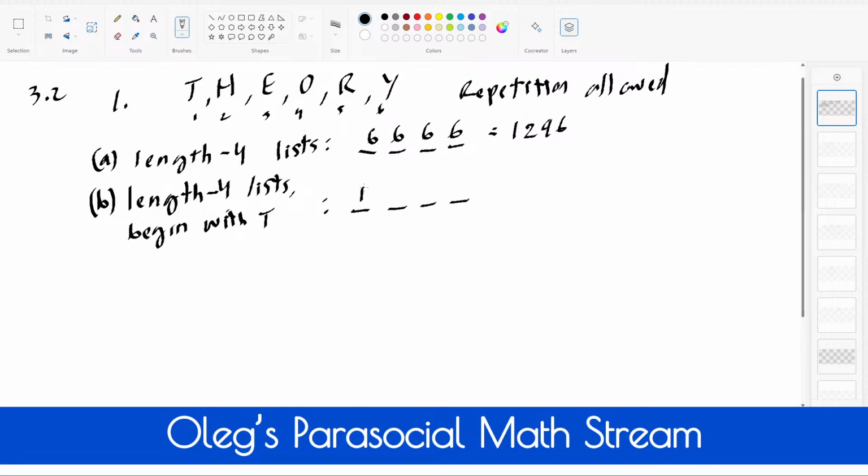So we're going to say T, and repetition is allowed. So we're going to say 6, 6, and 6. Then basically we're just going to multiply those out. We don't worry about T as a factor, or you can think of it as 1, I guess, but basically it's 6 times 6 times 6, 216.